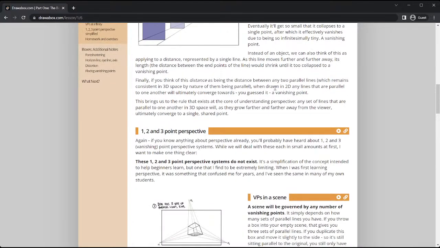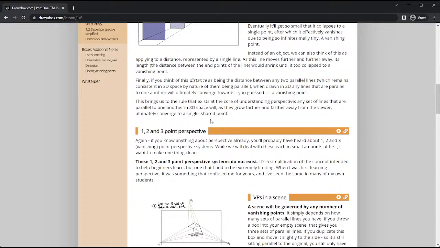Instead of an object, we can also think of it as applying to a distance represented by a single line. Its length would shrink until collapsed to a vanishing point. Finally, if you think of this distance as being the distance between any two parallel lines, which remains consistent in 3D space by nature of them being parallel, when drawn in 2D, any lines that are parallel to one another will ultimately converge towards a vanishing point.